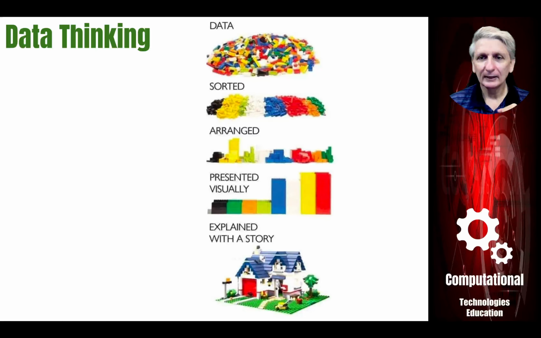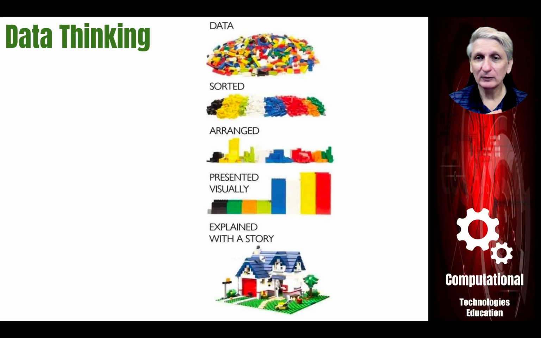Okay, so another example of thinking about data is that data represents a whole lot of unstructured material. But if we were to sort that data, it then starts making a little bit more sense. We've got various different colors we can now see. Then if we arrange that sorted data, say in stacks, we can see how many of the different colors we have.